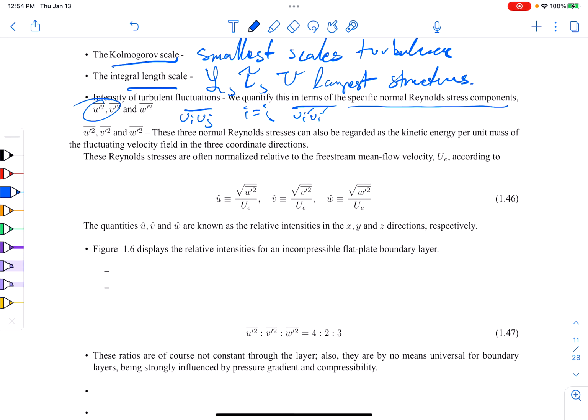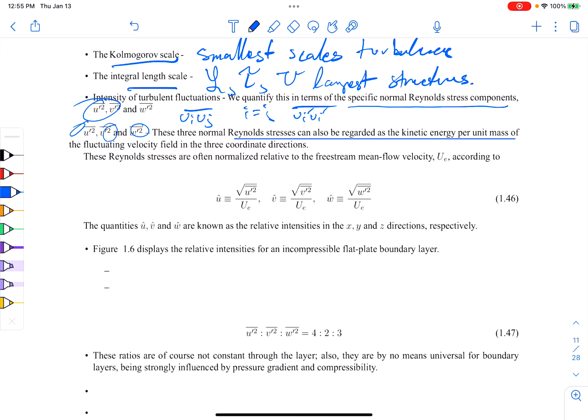These are nothing but the trace of the Reynolds stress. And so these are important components, and we'll see in a second if you take the trace, you'll just get the total turbulent kinetic energy. So the total turbulent kinetic energy from the Reynolds stress is this quantity, which I wrote right here, if you add up these three fluctuations, which I'll define in a second.